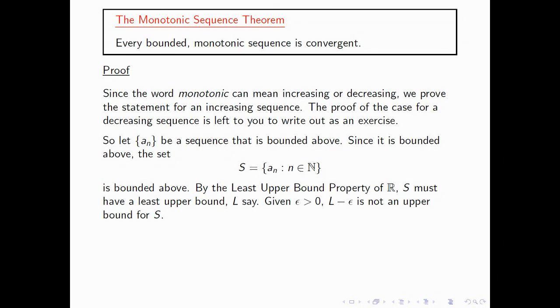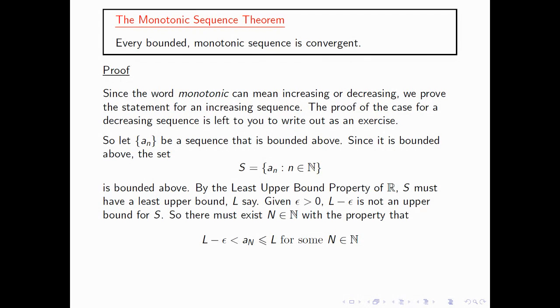Now, if I give myself an epsilon positive, then L minus epsilon is not an upper bound for S. That's the case because L is the least upper bound. Any number smaller than it cannot be an upper bound, right?